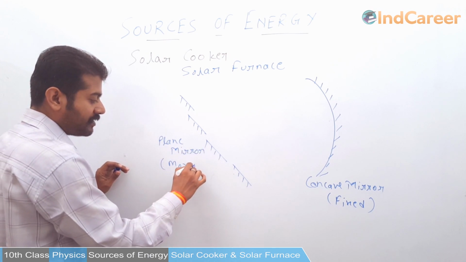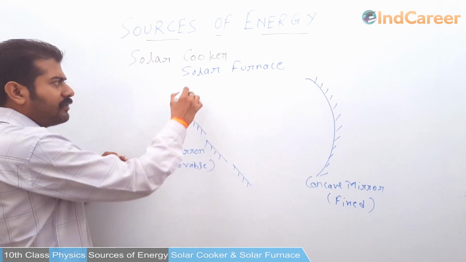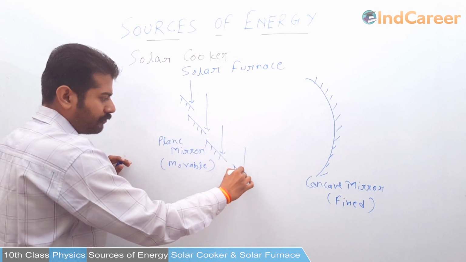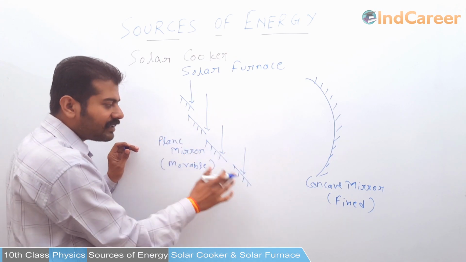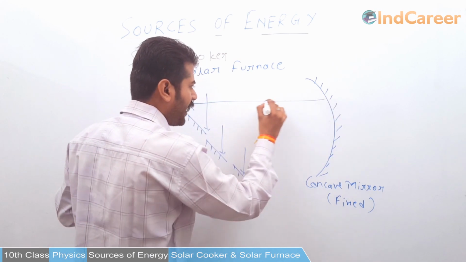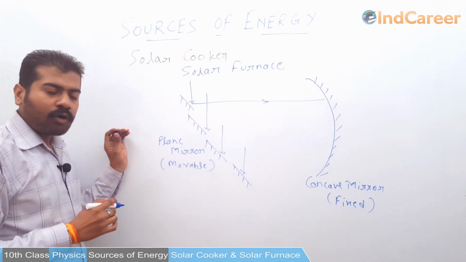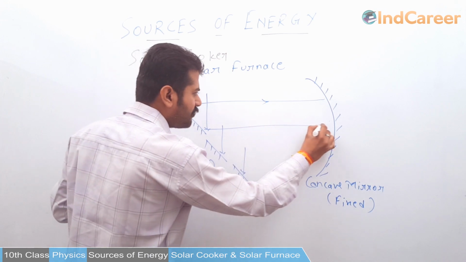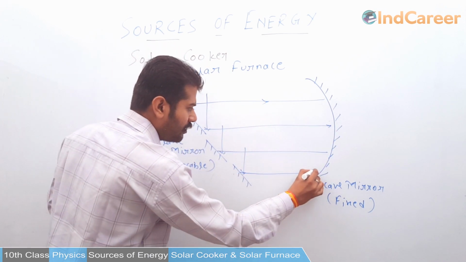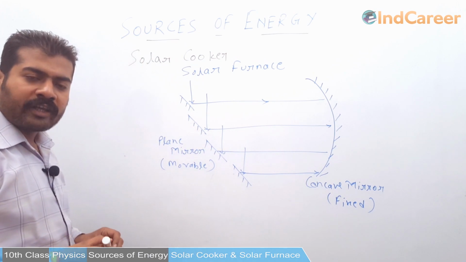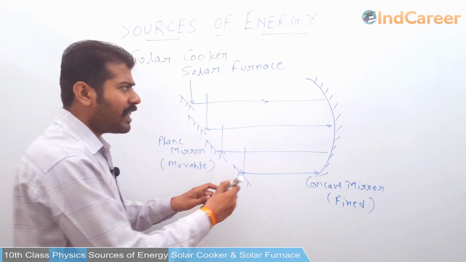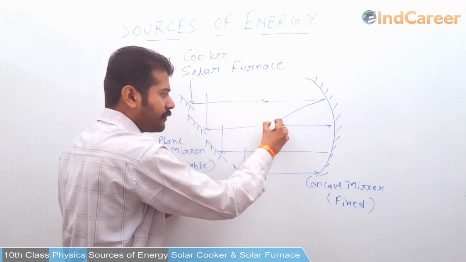And what happens when the solar radiation comes? These mirrors are adjusted so that the solar radiation is reflected back to the concave mirror. All the solar radiations which fall on the plane mirrors will be reflected towards the concave mirror, and the concave mirror is focused at a particular point.